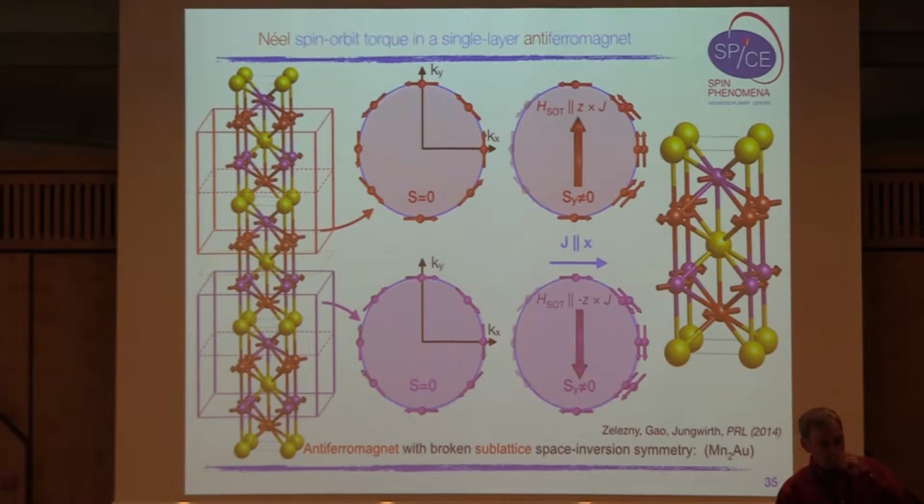We thought initially that this was due to the broken inversion symmetry being broken by the ordered state itself, but in reality it's not, because this is a field-like component of non-equilibrium polarization. In this case, it's a staggered non-equilibrium spin accumulation, and it's independent of whether you're in the paramagnetic state or in the ordered state of the antiferromagnet; it's still there.